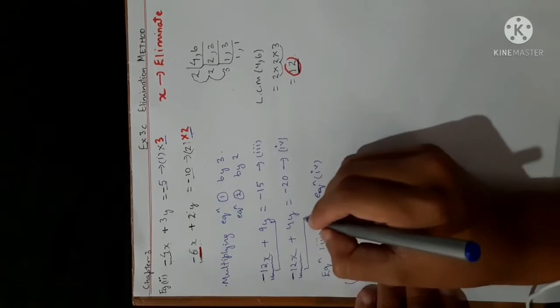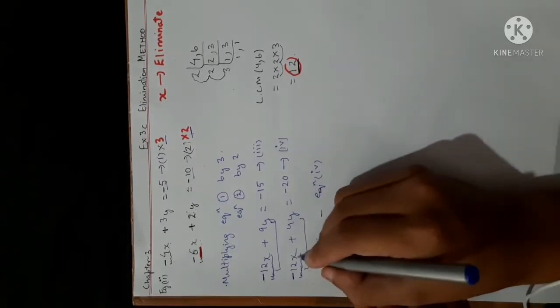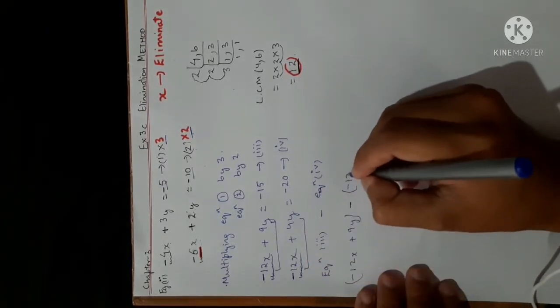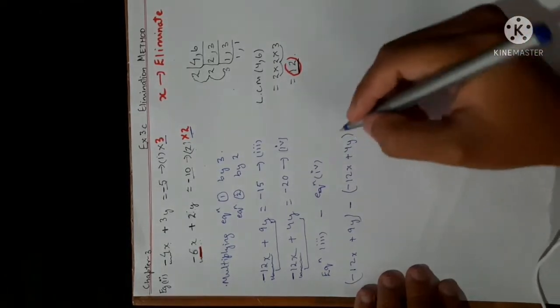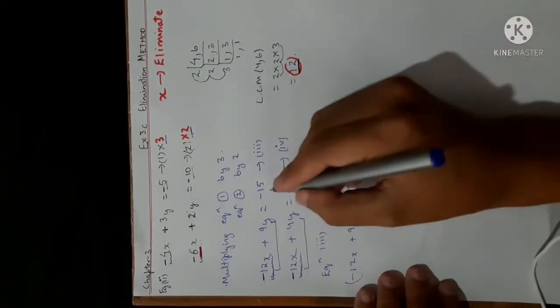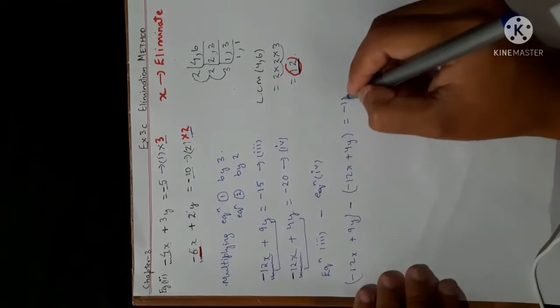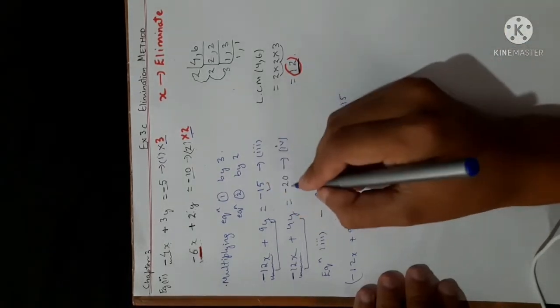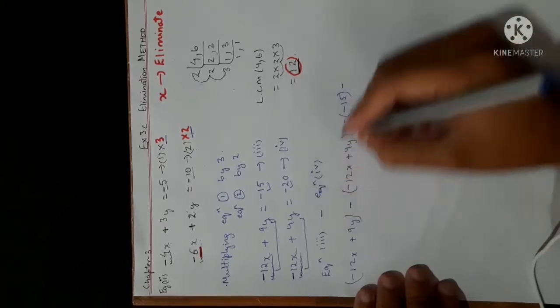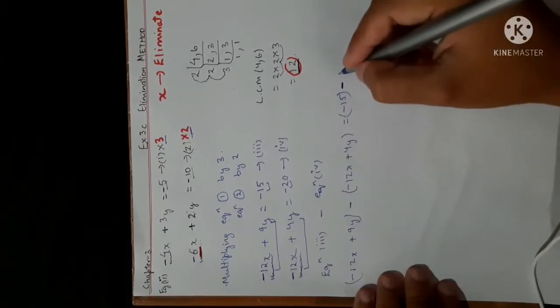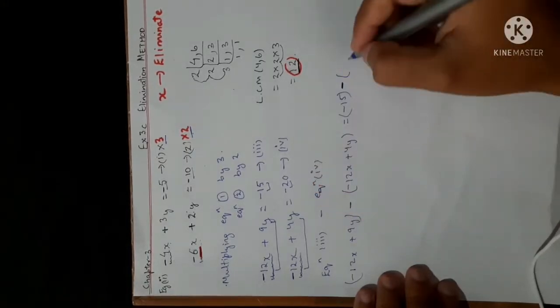Here the left side of equation 4 is minus 12x plus 4y, equal minus 15. Now the right hand side: the right hand side of equation 4 is, so minus, we have to subtract, that is why this minus is there, minus 20.